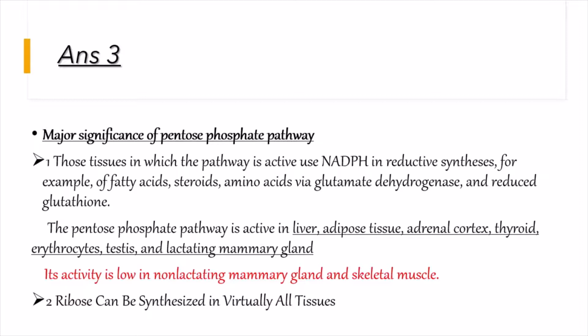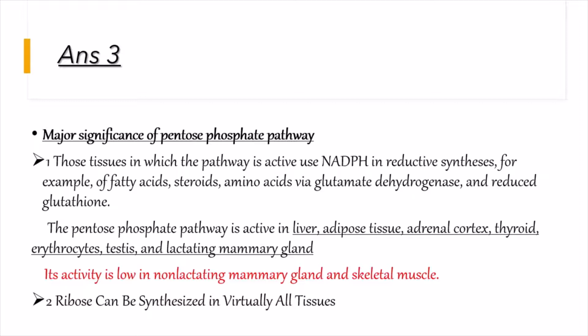Hence, the HMP shunt is active in tissues like liver, adipose tissue, adrenal cortex, thyroid, RBC, testis, and lactating mammary gland, where reductive biosynthesis is active. That means fatty acid synthesis, steroid synthesis, and amino acid metabolism via glutamate dehydrogenase.